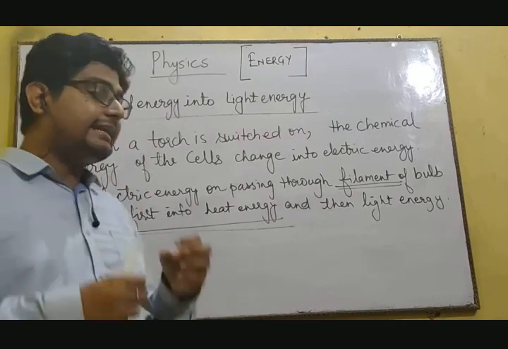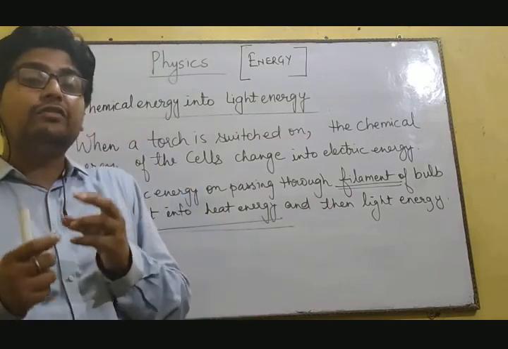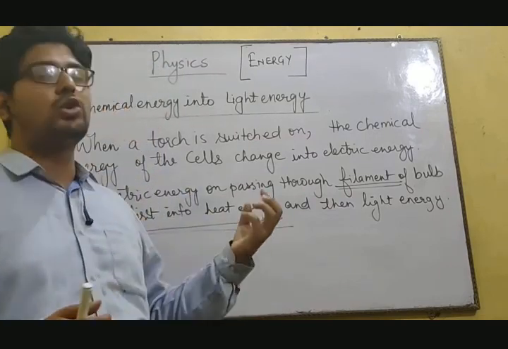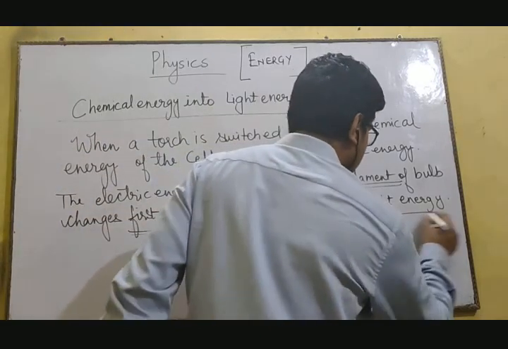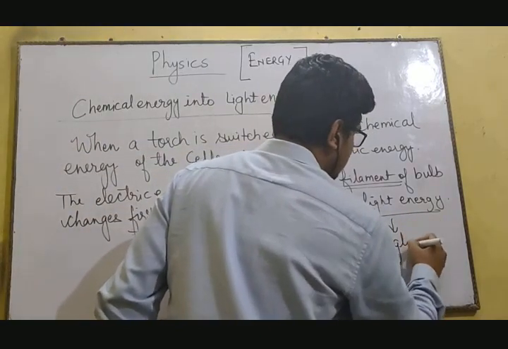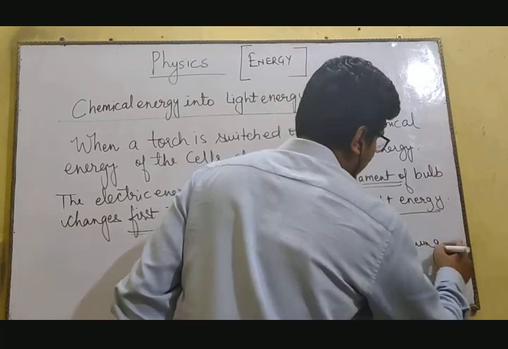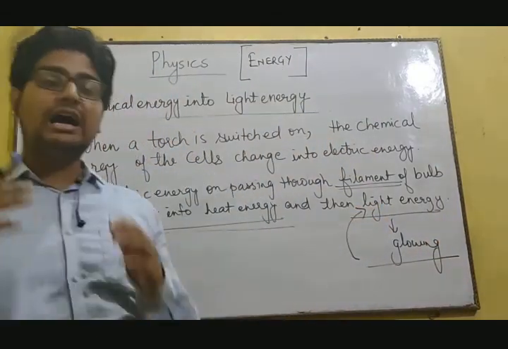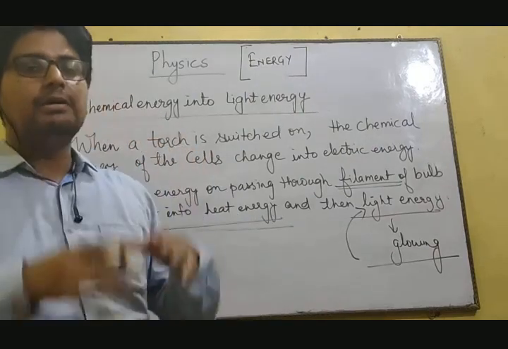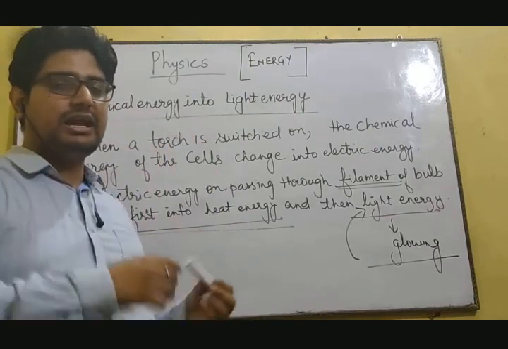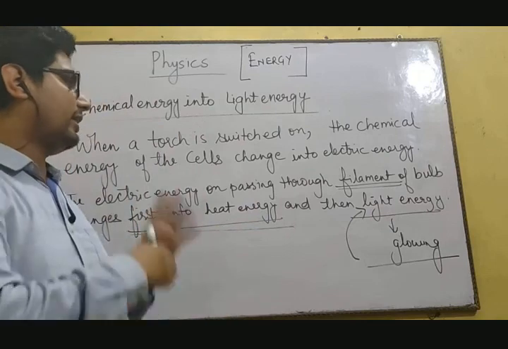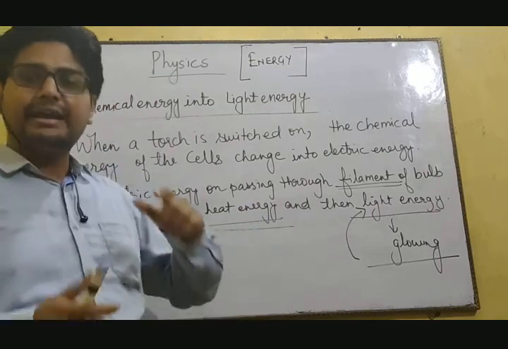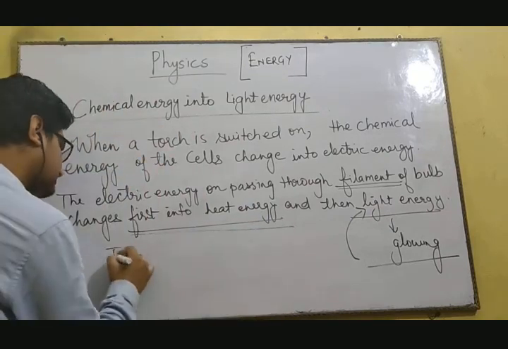And when the heat energy is produced due to heating of the filament, the bulb starts glowing, and when it starts glowing, it will start producing light energy. So this is how a bulb basically converts electrical energy into light energy, or chemical energy into light energy in terms of a torch.